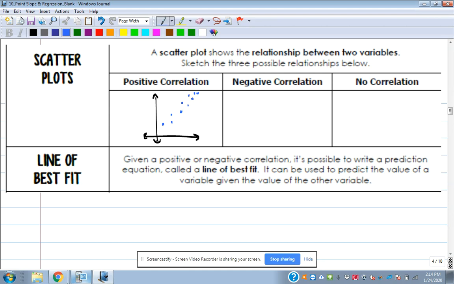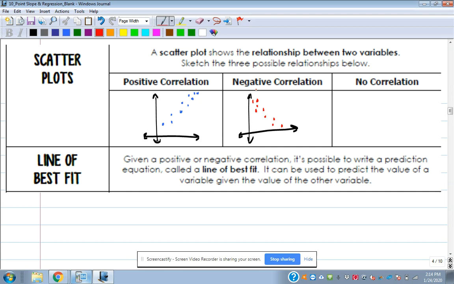The points that you plot on a coordinate plane kind of follow a positive slope line. The negative correlation, very same idea. When you plot the points, they don't fall perfectly in line, but they do kind of follow the trend of a negative sloped line.